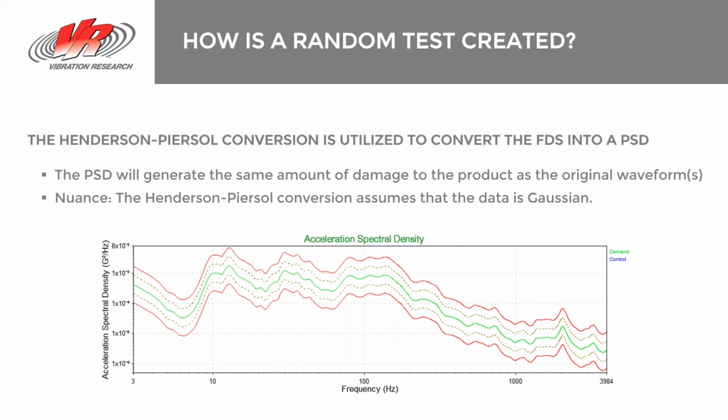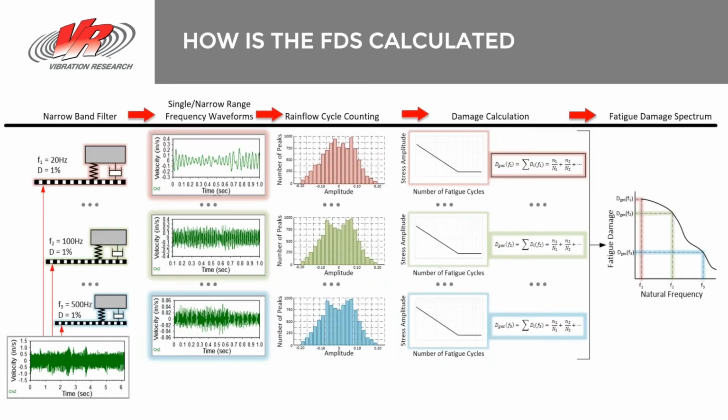Because of that, I'm really not running an appropriate test. If you saw in the previous slide, when we do this in Vibration View, we are analyzing every peak to valley stress cycle in the time history waveform and weighting it appropriately through rainflow analysis.